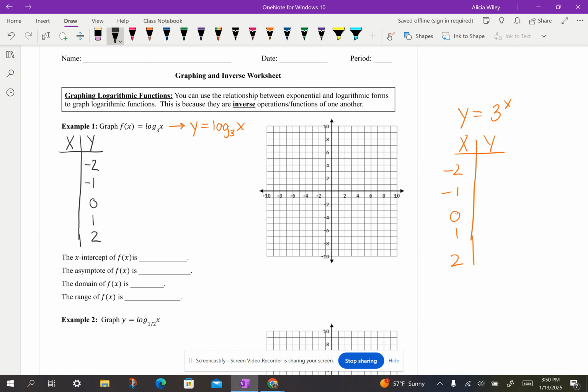So I'm going to do the first one with you and then let you try the rest on your own. So plugging -2 in for y, that's in place of f of x. You're going to have -2 equals log base 3 of x.